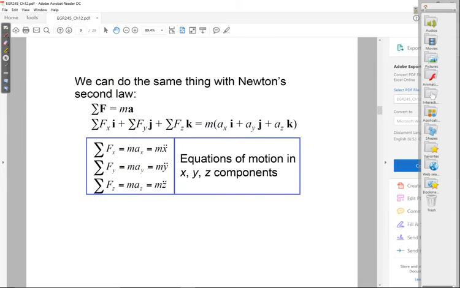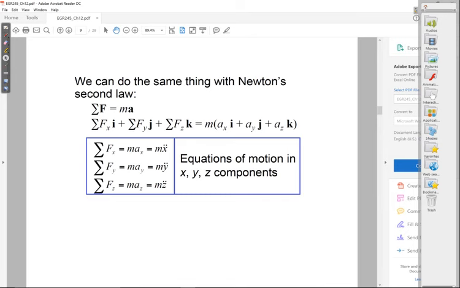In the Cartesian coordinate system, if you recall, this is the coordinate system that you would use if you want information on position as well as velocity and acceleration. When it comes to kinetics, it's very simple. The second law equation breaks down into 3 separate equations.